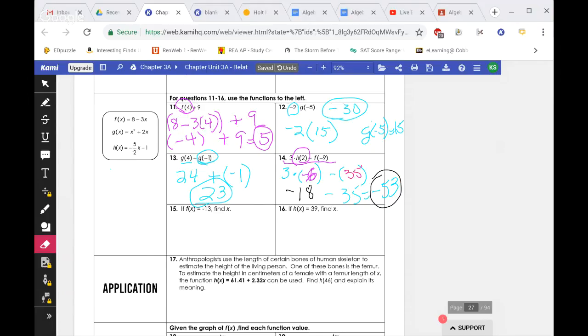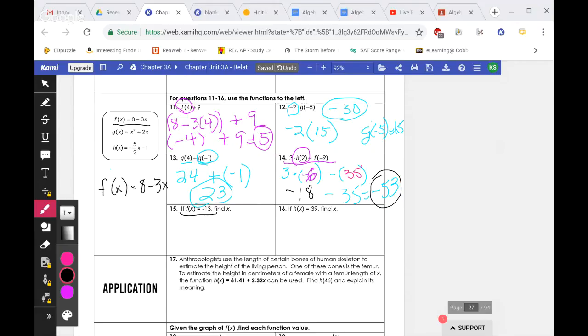Number 15. Now this one's unusual because you're given the answer. So basically, let's think about this for just a minute. You're given that f of x equals negative 13, but up here it's telling us that f of x equals 8 minus 3x. So f of x equals this, but f of x also equals this.